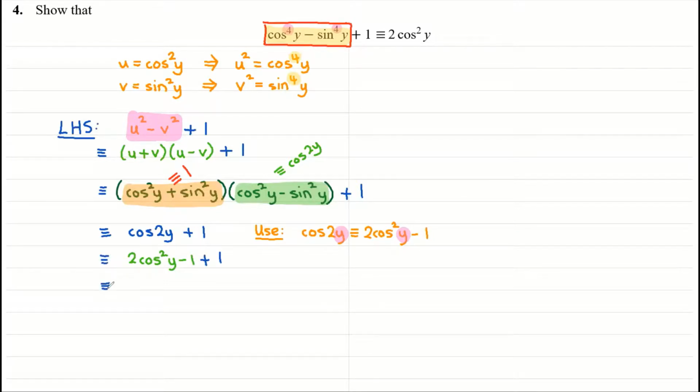So we get 2 cos squared y, which is the same as the right-hand side. So we've finished. So there's lots of skills on show in that question.